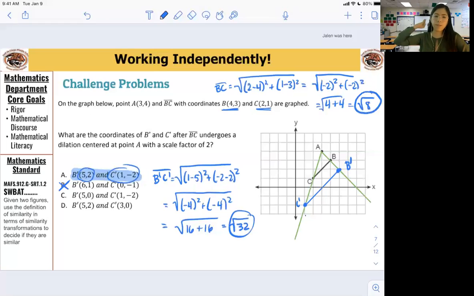Okay. Now, do we have the correct situation? Is the square root of 32 twice the square root of 8? How can I rewrite the square root of 32? 32 is 2 times 8?